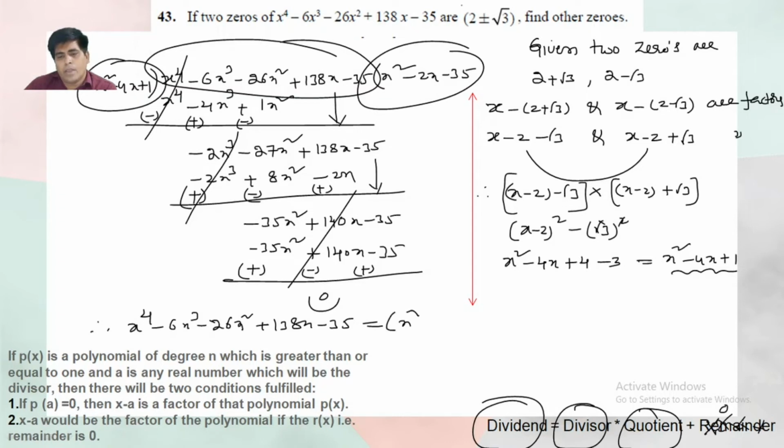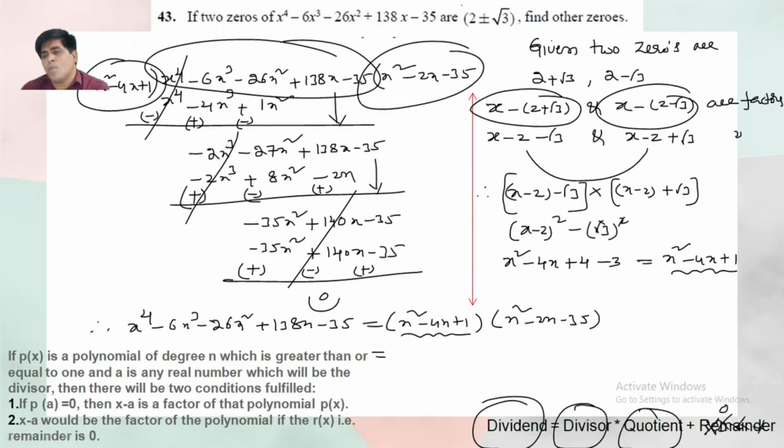So x square minus 4x plus 1 into x square minus 2x minus 35. Already you know how you got this one, x square minus 4x plus 1.